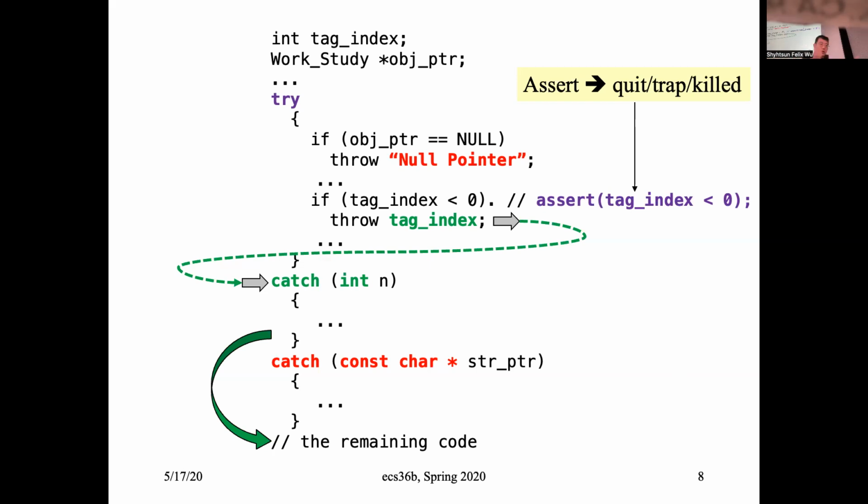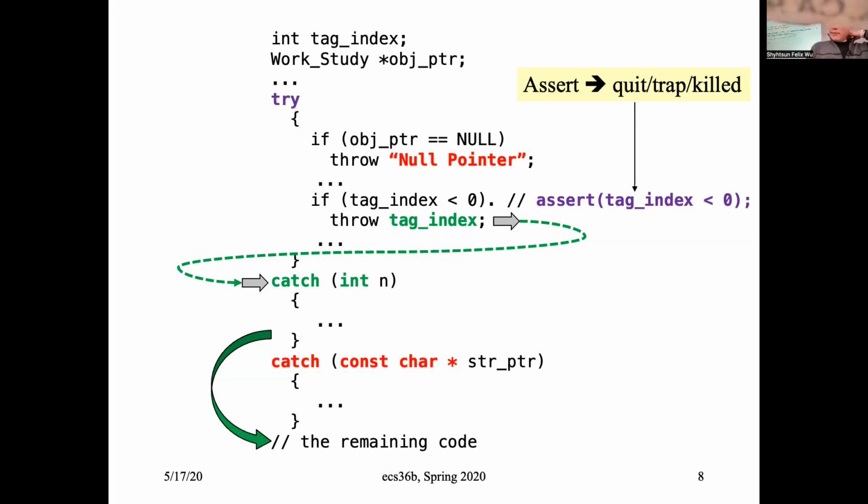Based on the logic, it's likely to be a negative integer, so that number will be passed into the catch. So essentially, the catch clause will have some knowledge about the information included in that exception. That's the idea of exception handling.